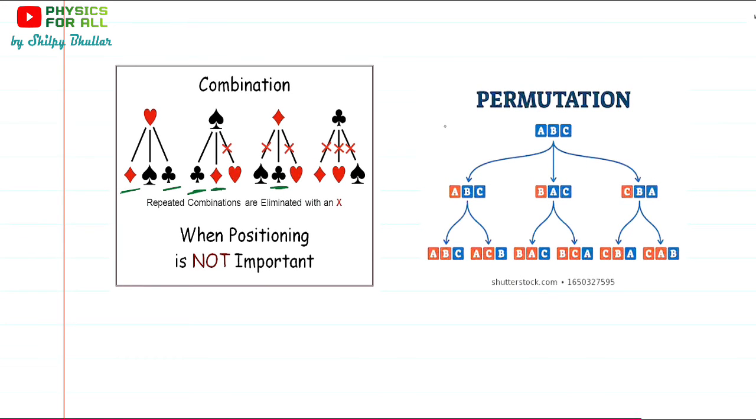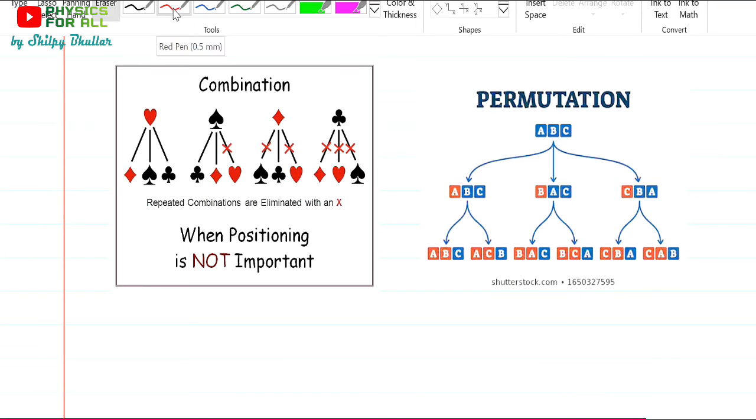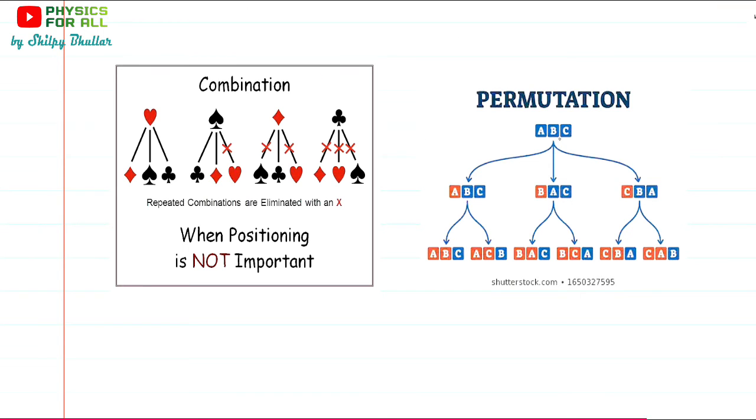As you can see here, in permutation we have these three alphabets A, B and C. Whatever arrangements are possible, you can see them here: for A, B, C, we can have A in the beginning, we can have B in the beginning, we can have C in the beginning. Now you can see for combination, this is the only combination.